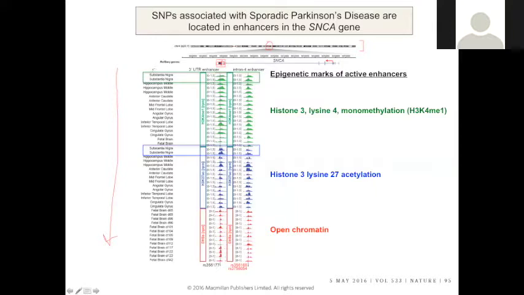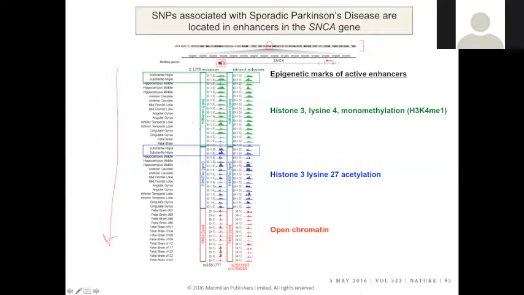If we just focus on the green and blue boxed areas, this is the substantia nigra, this area where we see the loss of dopaminergic neurons associated with Parkinson's disease. These peaks show that there is a high level of histone 3, lysine 4 monomethylation, which is a marker for an active enhancer.